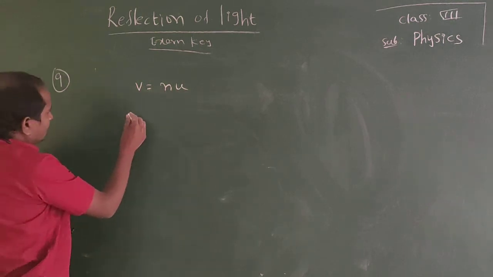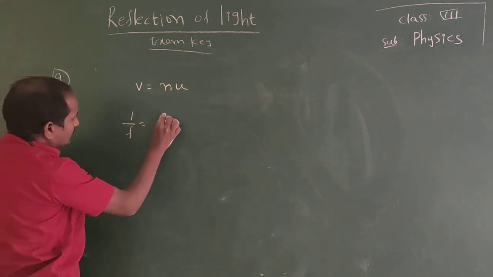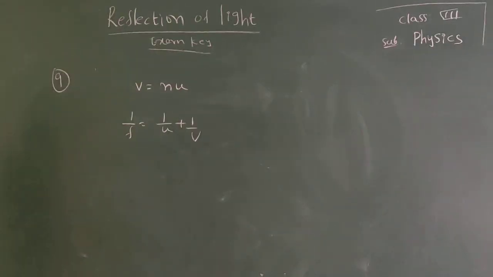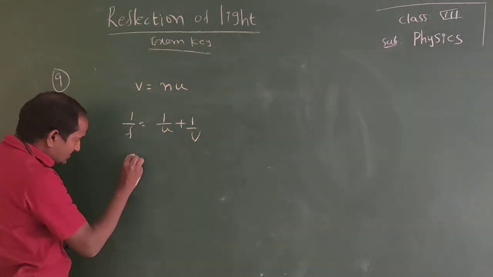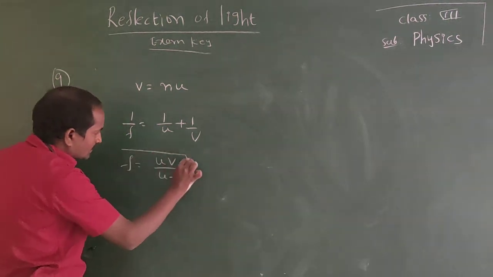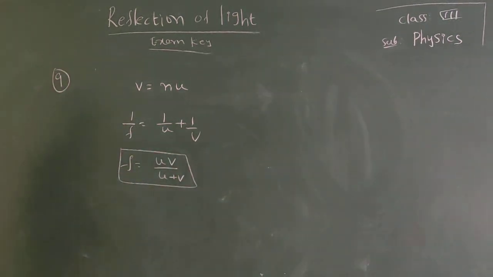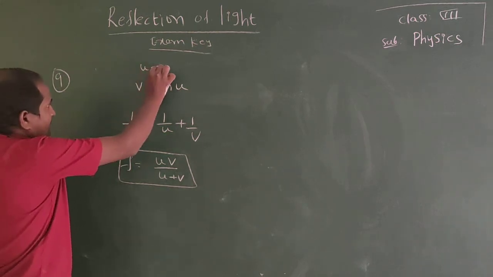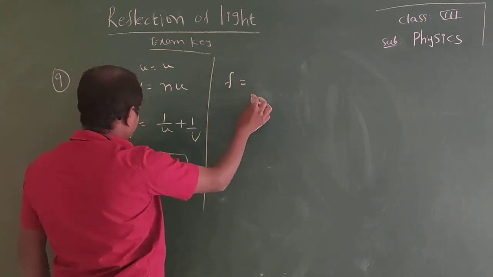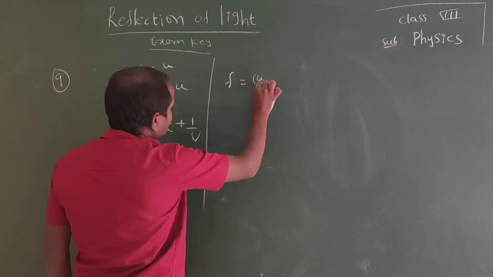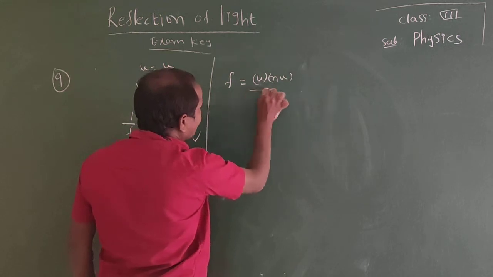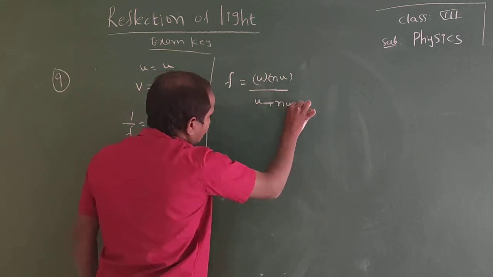So we know that 1 by f equal to 1 by u plus 1 by v. It is a relation between u, v and f. With the above equation we can write it like this also: f equal to uv by u plus v. Here u equal to u, but v equal to n into u. So f equal to u into nu by u plus nu.